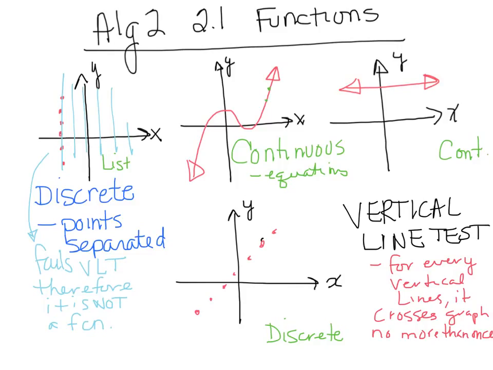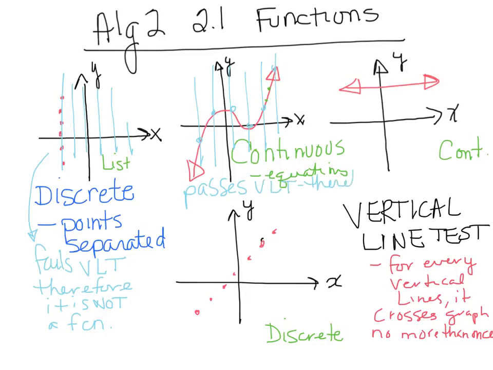So let's look at this second graph over here. If I start drawing vertical lines on there, you see I only cross in one place every single time. And indeed, I could try forever, but I'll never find any place where it would cross the graph more than once. So this is going to pass the vertical line test.